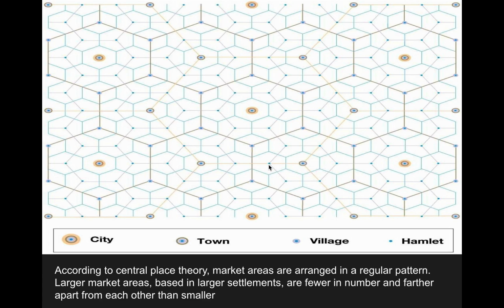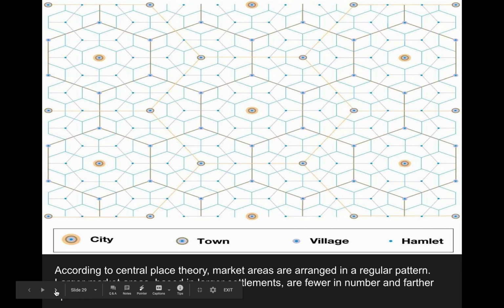And then you look at the smallest size, and that's a hamlet. That's the hamlet. All right, so again, we see that there are different sizes of market areas based on settlement size.